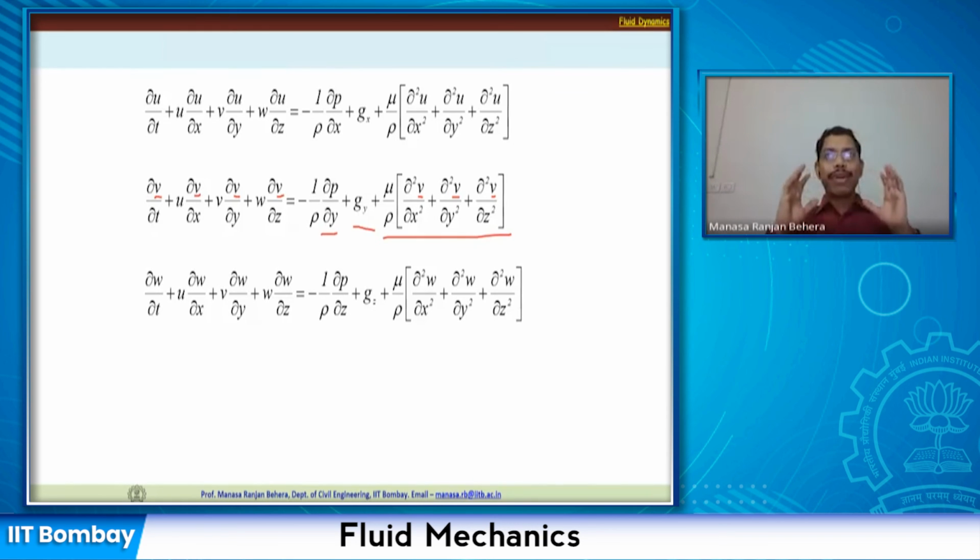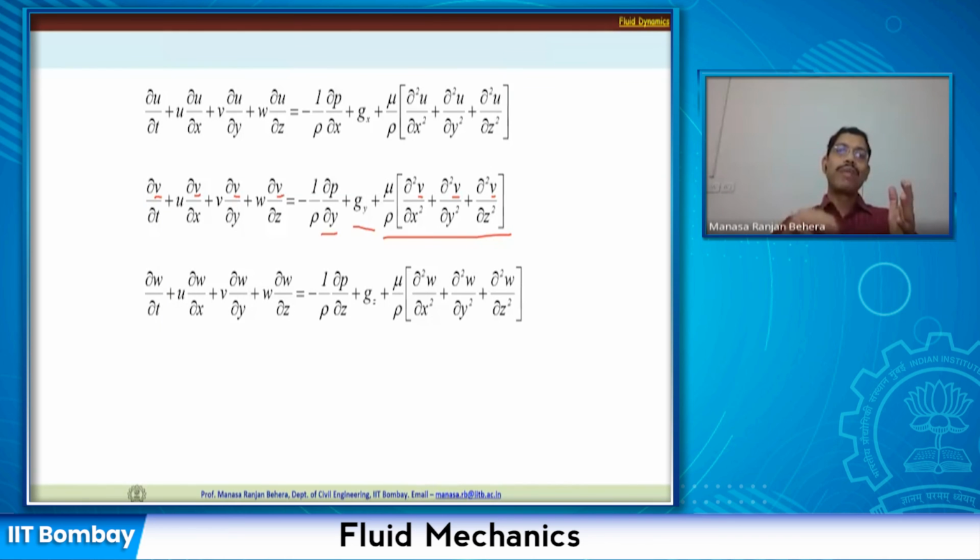Now if you again finally look at this, we have three equations and four unknowns: u, v, w and pressure. We know the density, the viscosity of the fluid, and the gravitational acceleration, but what we don't know are the velocities and the pressure. These are unknowns.